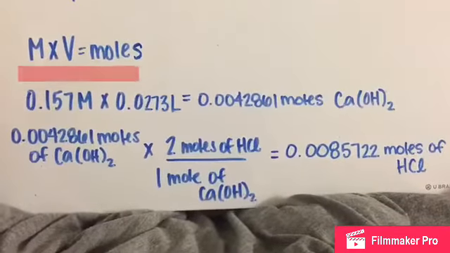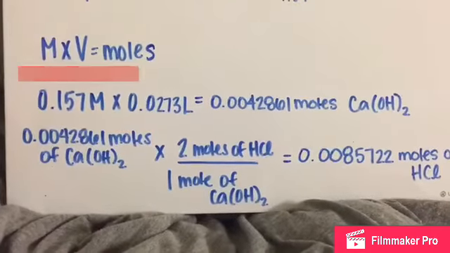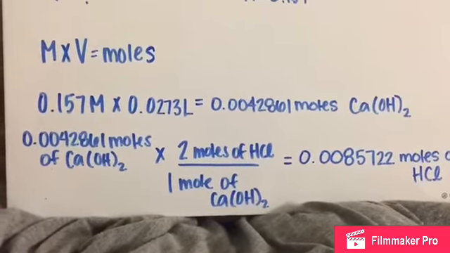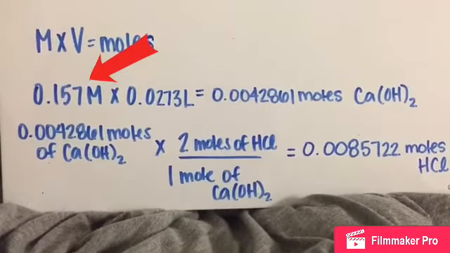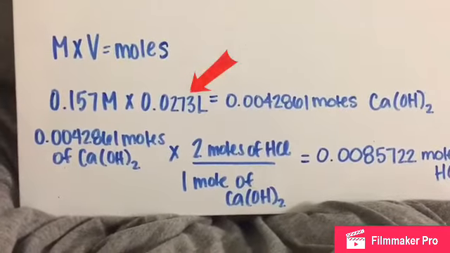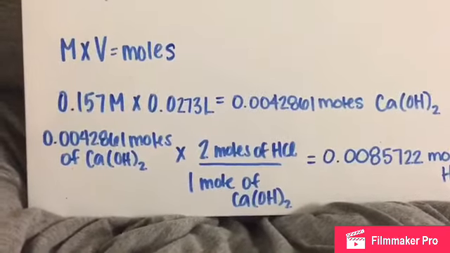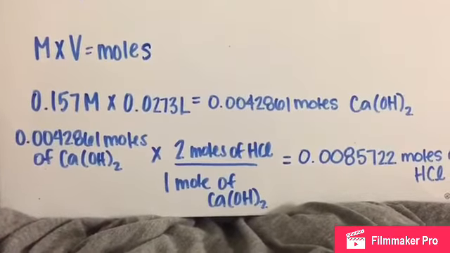So we know that the equation concentration times volume gives us moles. Because we were given the concentration of the calcium hydroxide and the volume, we multiply those two together and get the moles of calcium hydroxide.